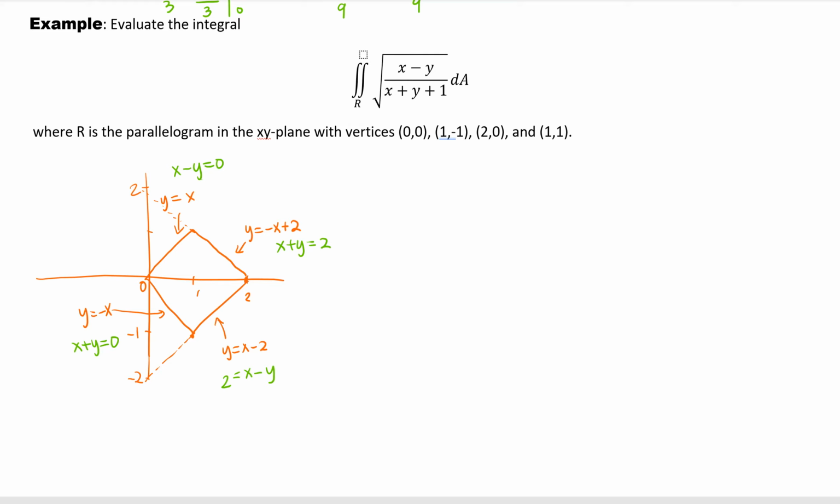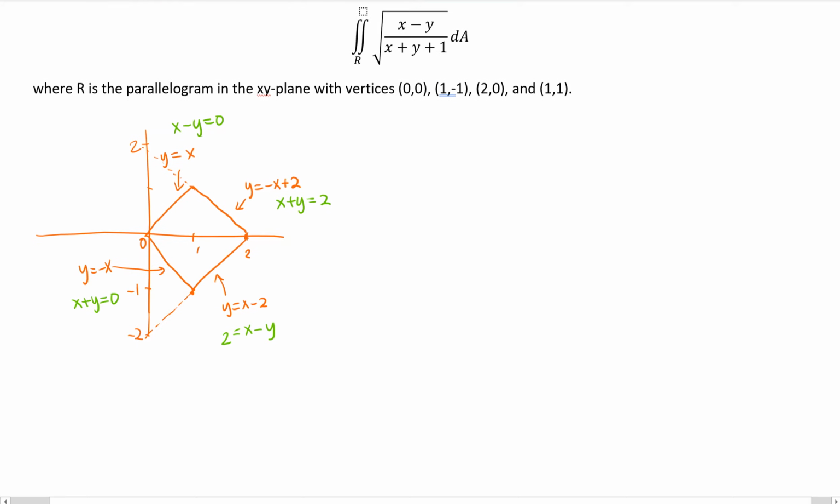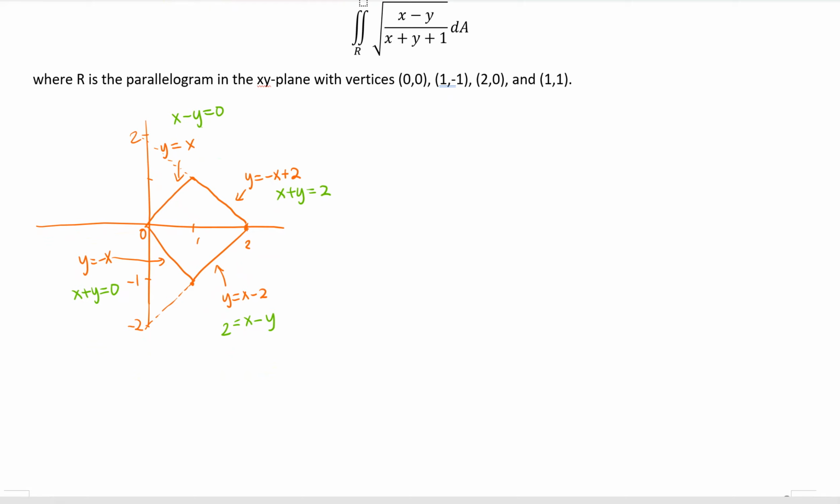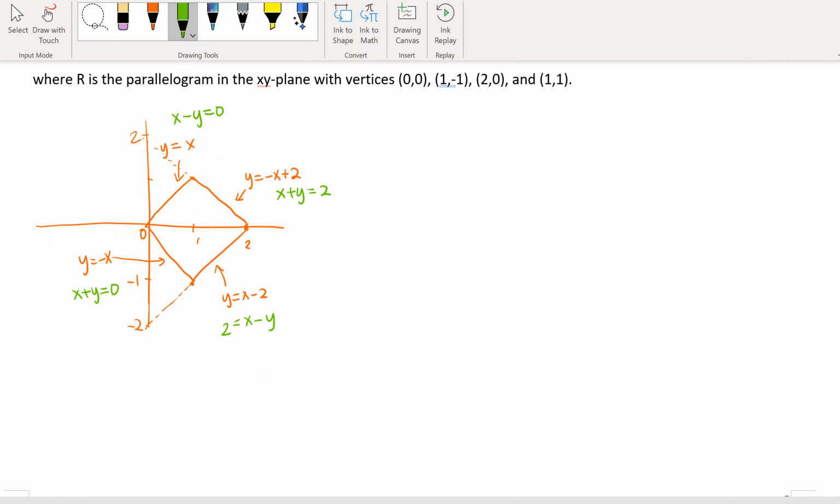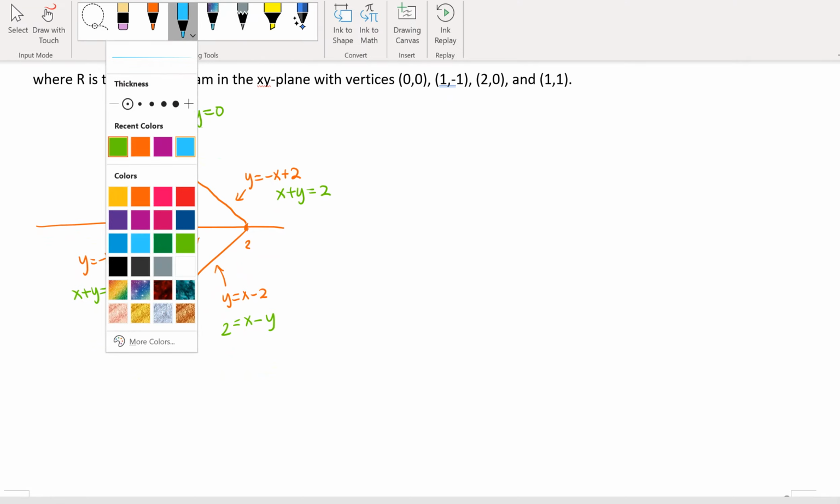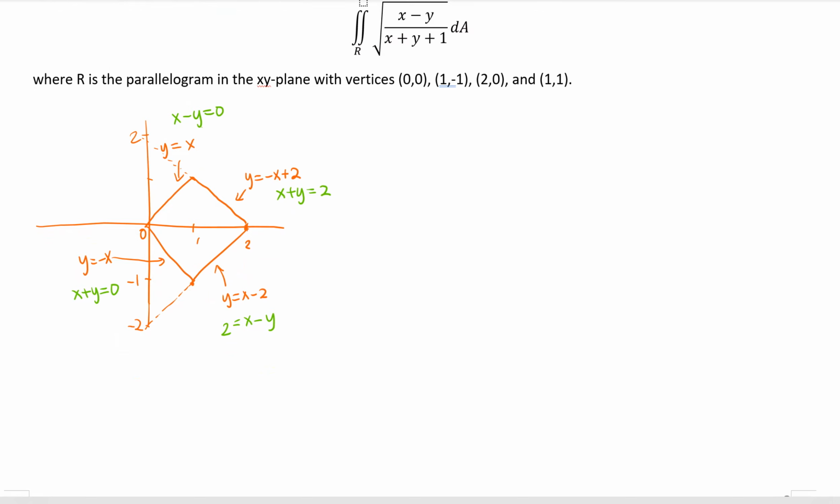So now let's see how we do it. We can do a transformation. You see these two, they are x minus y. So let u be x plus y, and let v be x minus y.